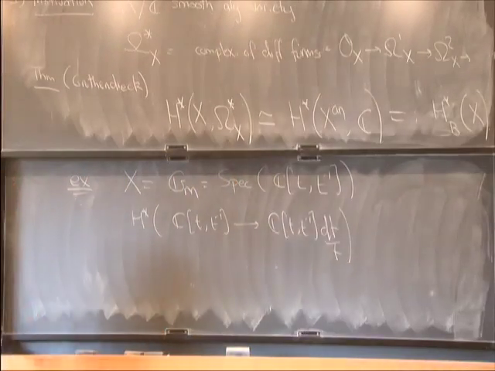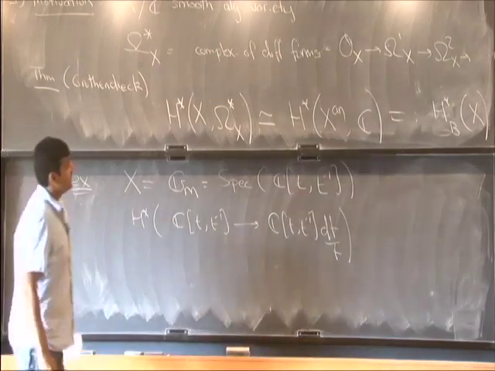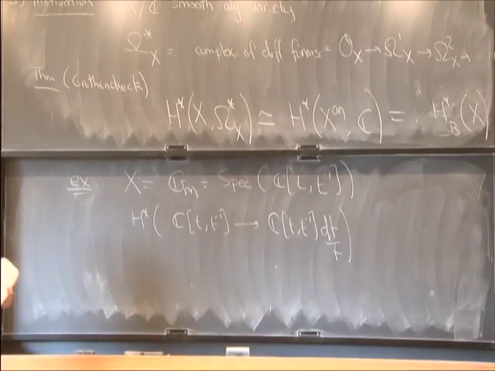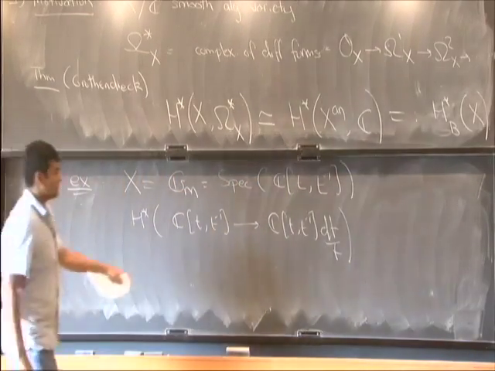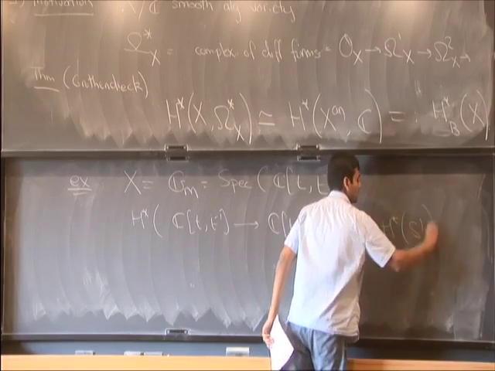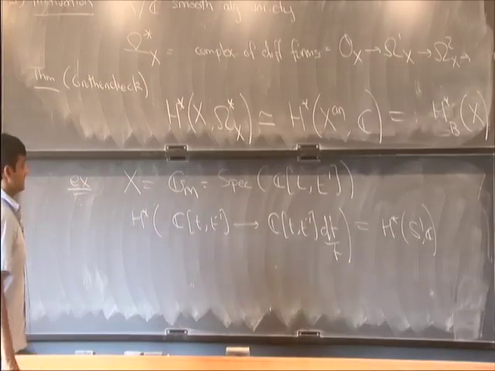There's one generator in degree 1, and you can think of it either as dt or dt over t. It doesn't matter because t is invertible. And the right-hand side is the analytic cohomology. Well, analytically, it's homotopic to a circle. So it's just the cohomology of a circle. And so that's an example of the theorem.